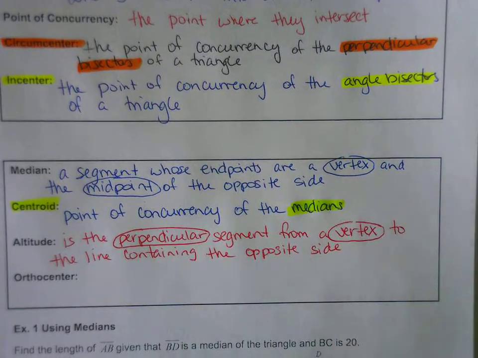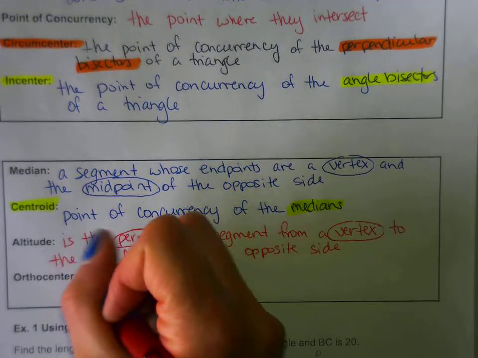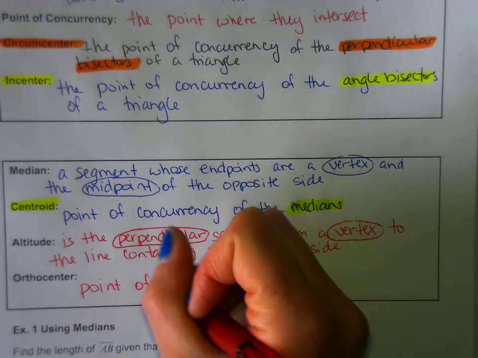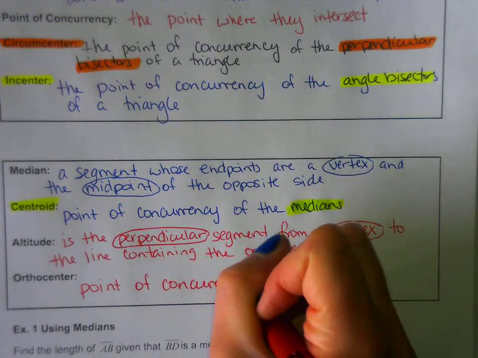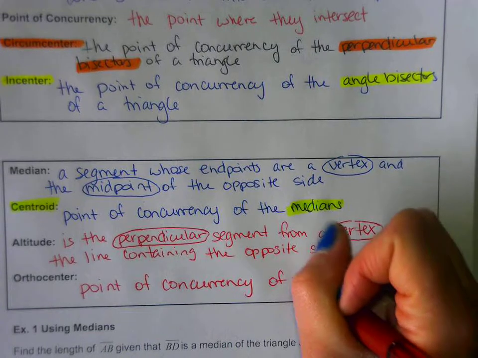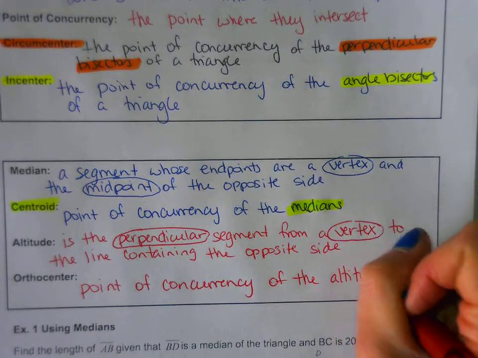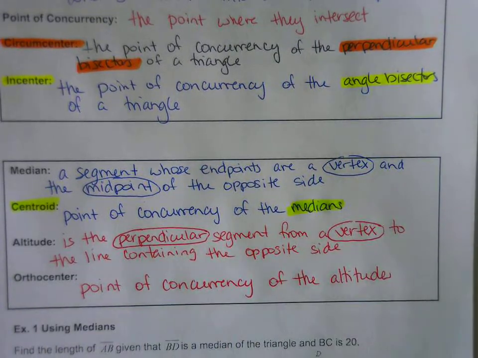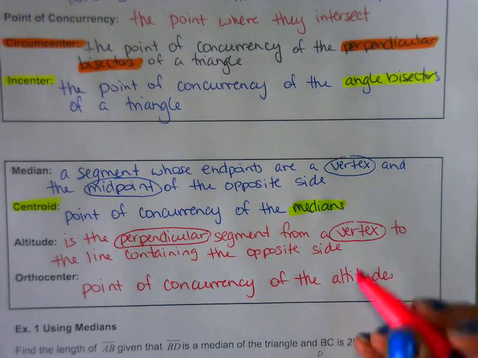So the orthocenter is the point of concurrency of the altitudes. So when I have my triangle and I draw in those three altitudes, they meet at the orthocenter.